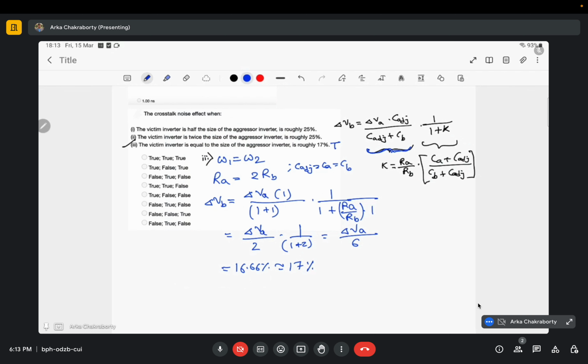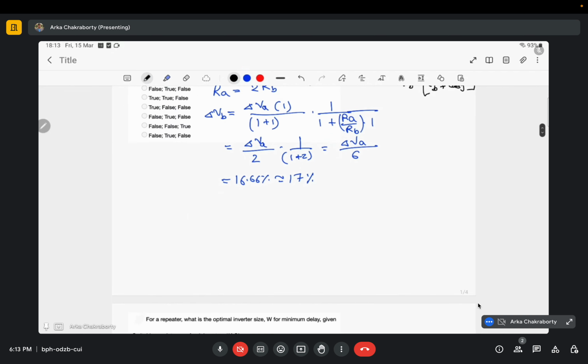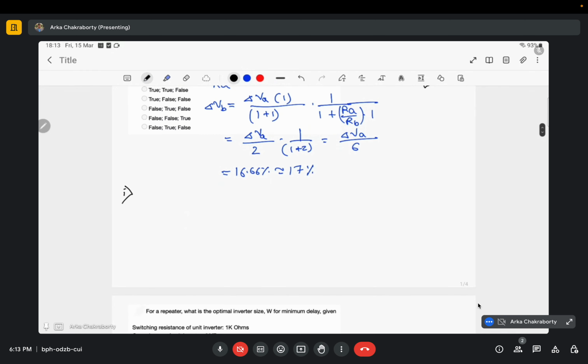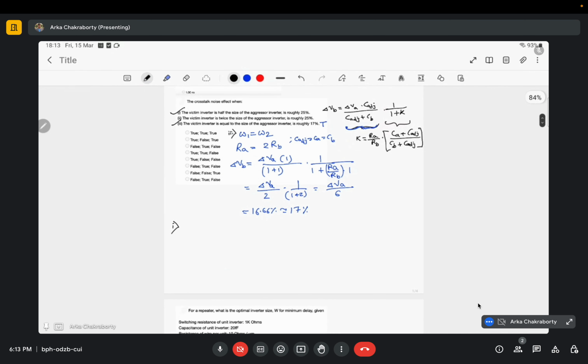Now let us look into the first case. It is given that the victim inverter is half the size of the aggressor inverter.